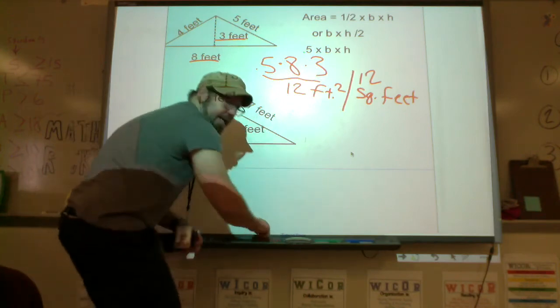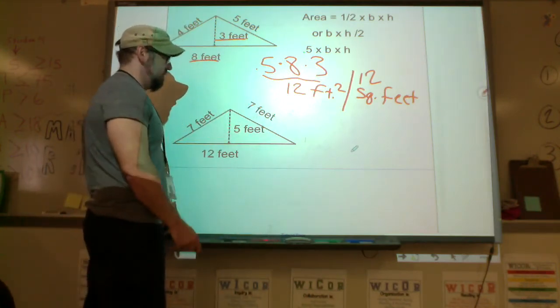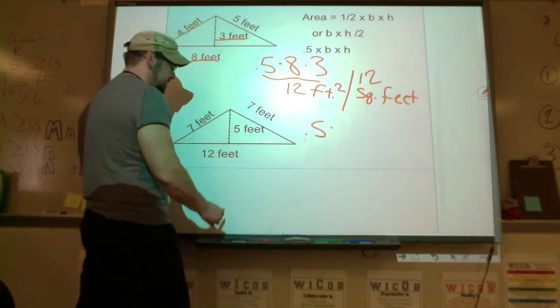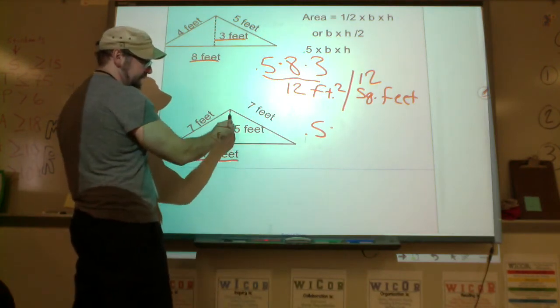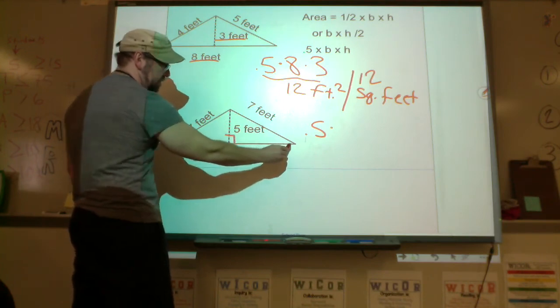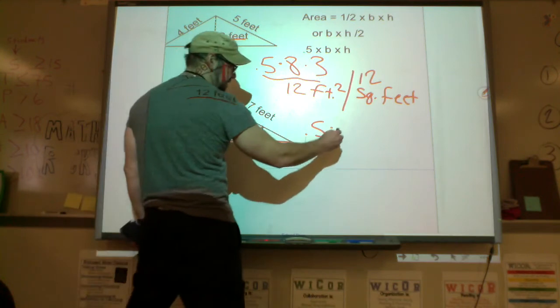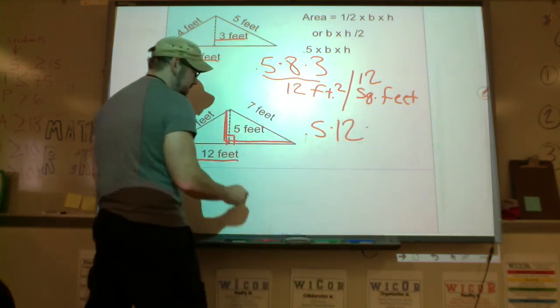If you did this correctly, you would have gotten 0.5 times my base, which is 12 and makes that perfect 90-degree angle with my height, times 5.